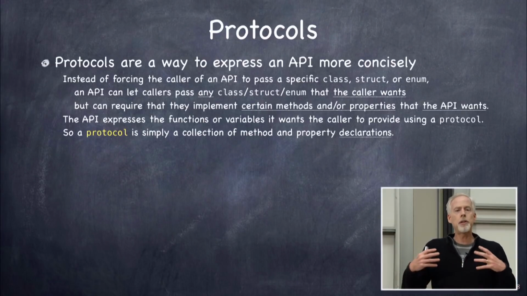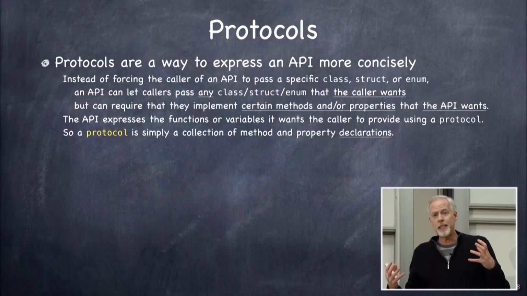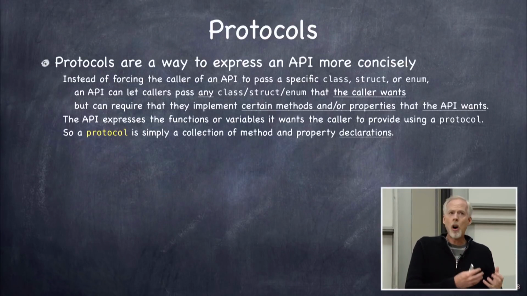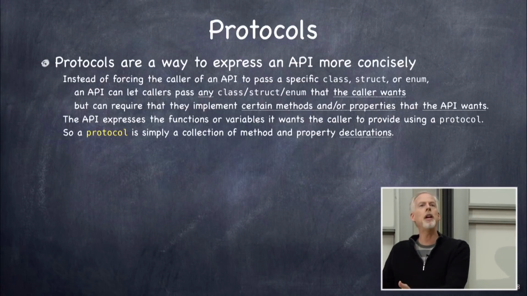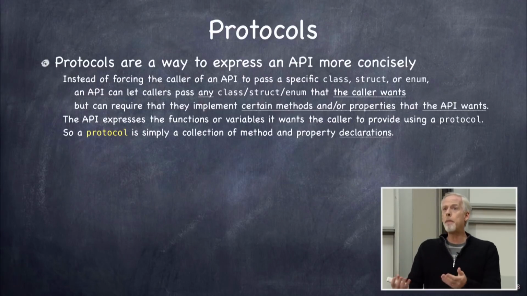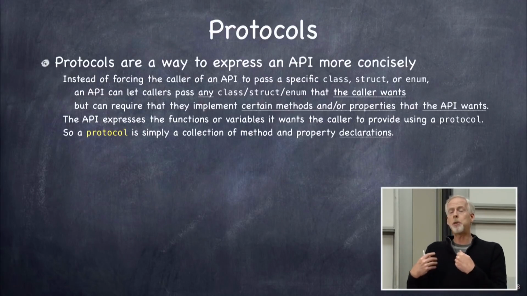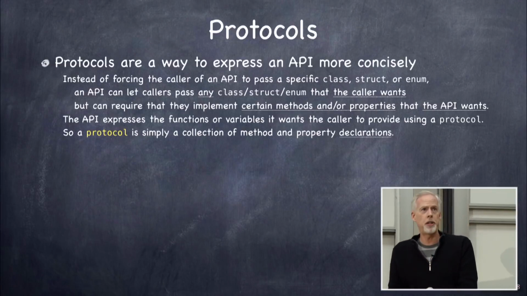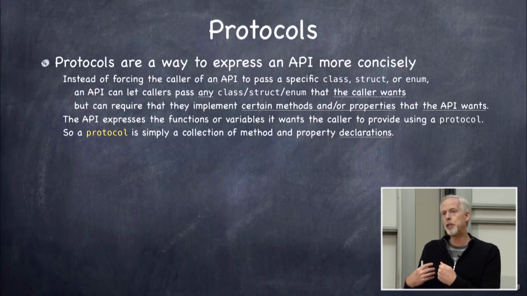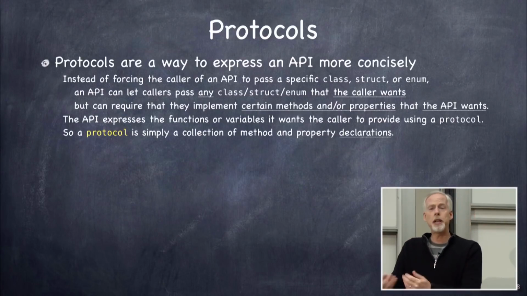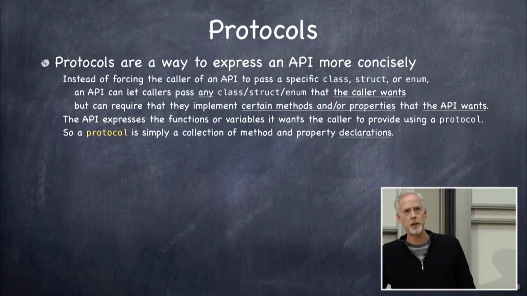Okay? Protocols are essentially a way for callers to call an API with anything they want. Any struct, enum, class, they can pass anything they want in. And at the same time, the receiving method can specify what it really wants. So both sides get to do what they want. Okay? The receiving thing gets to say what it wants the thing you're passing in to do, and the thing passing in can pass whatever it wants as long as it does that thing.